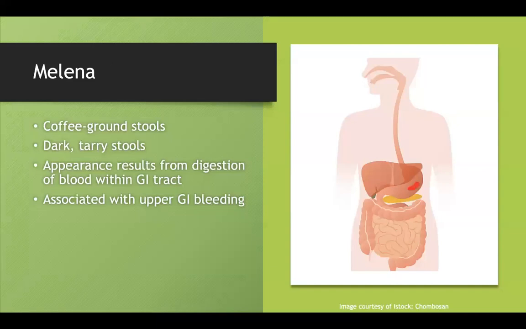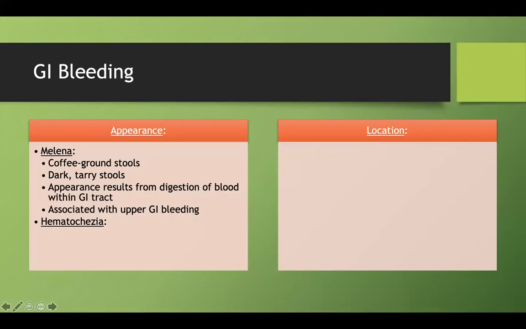Here is our GI tract. So let's say you have bleeding in your stomach, for example, like gastritis. As it goes through the GI tract, it's going to get digested, especially if it's up here in your upper GI tract. It'll have much more time to get digested. And by the time it is excreted in the stool, it'll show up as this coffee ground stool or this black tarry stool. On the other hand, hematochezia is going to show up as bright red blood per rectum.